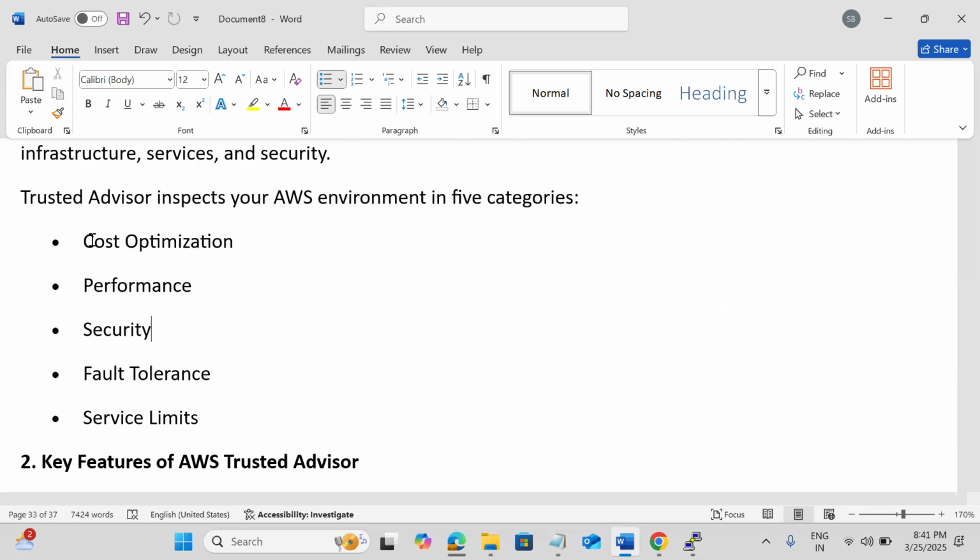So these kinds of advisories we are getting from Trusted Advisor, and always make it a best practice to verify at least weekly what advisories have been given by AWS, and you analyze those advisories. Don't blindly follow, but analyze those advisories and even inform your client also. And after that, you perform the actions.